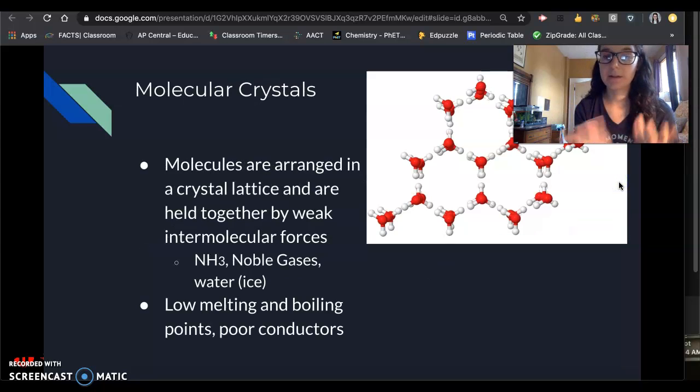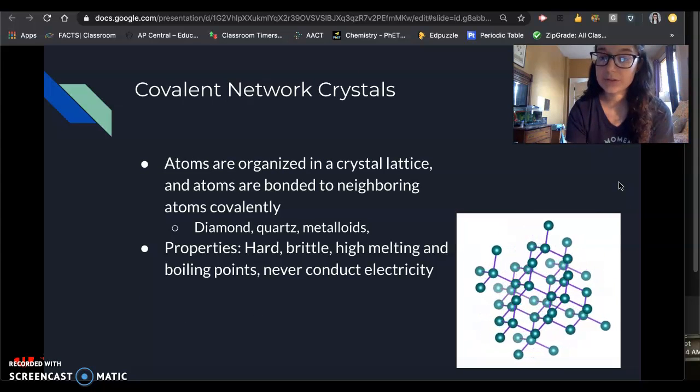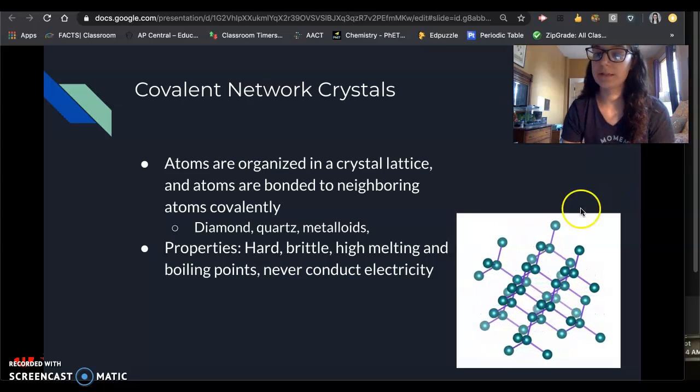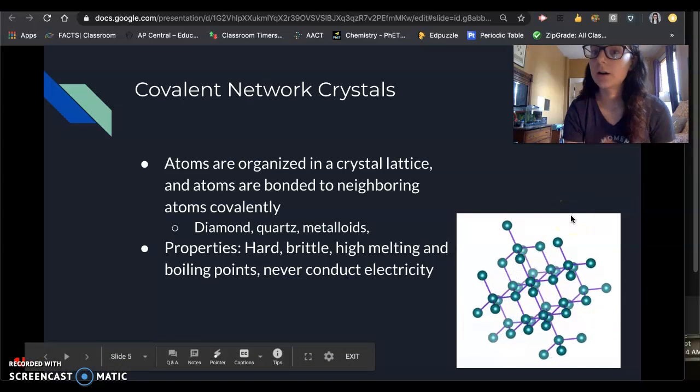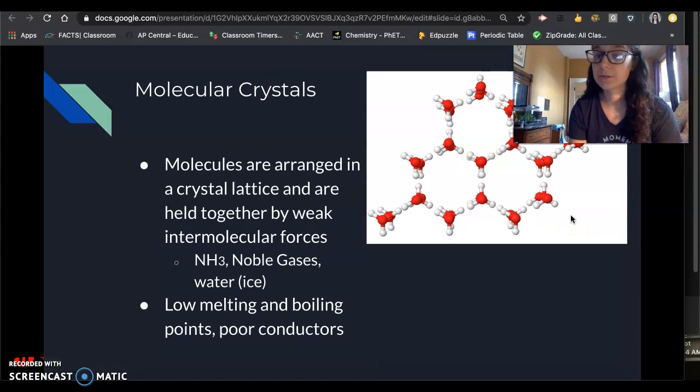And then we have molecular crystals, which is like ammonia. Any of your noble gases will form molecular crystals, and water or ice. So molecular crystals are a lot like the covalent network crystals, except the dots in this structure are molecules instead of atoms. So the molecules are arranged in an organized crystal lattice again, and this time they're held together by weak intermolecular forces.